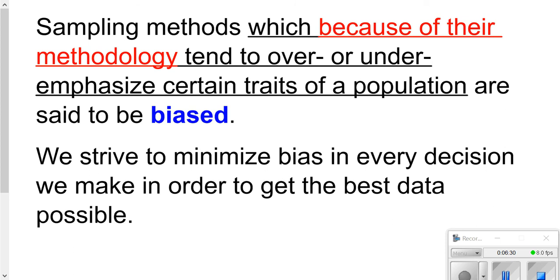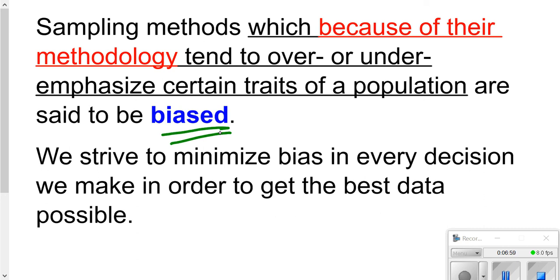So sampling methods which, because of how the sampling happened, tend to either over or underestimate certain traits, are said to be biased. So let's go back to my book club. If I use the sampling methodology of asking friends of mine a question like, what movie do you think was excellent this year?